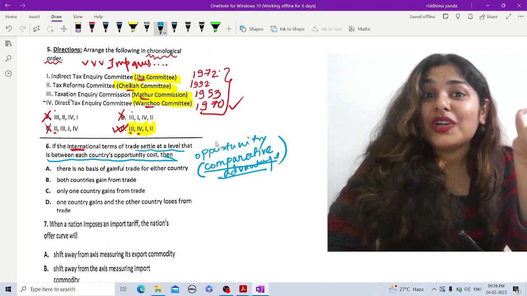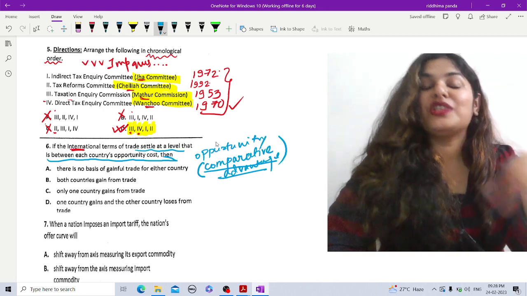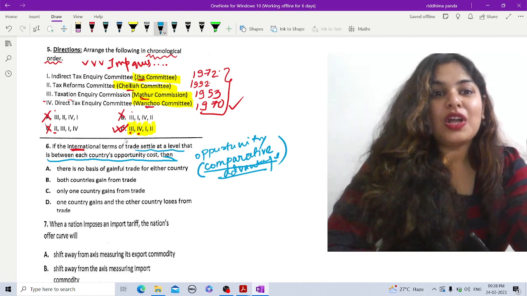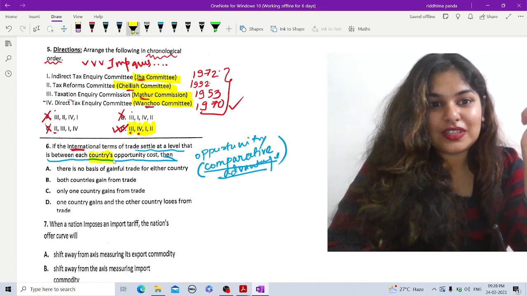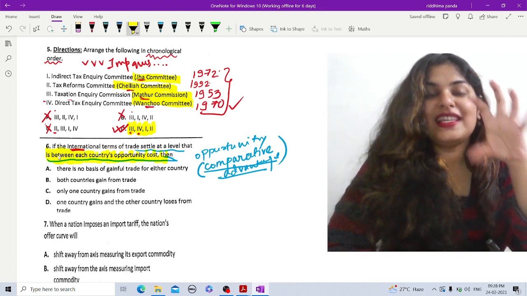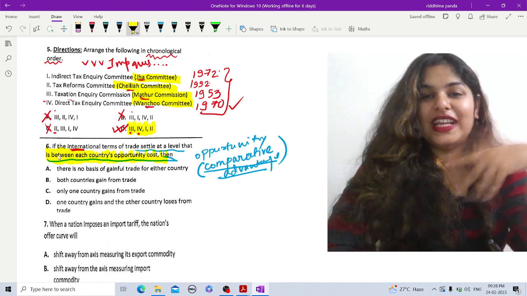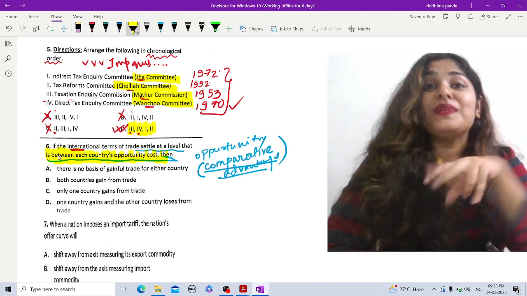And whichever has the lower opportunity cost is going to specialize in that commodity. So now according to this statement, the terms of trade, that is the price at which the trade will take place, the relative price, is between the opportunity cost of two countries, which means what?